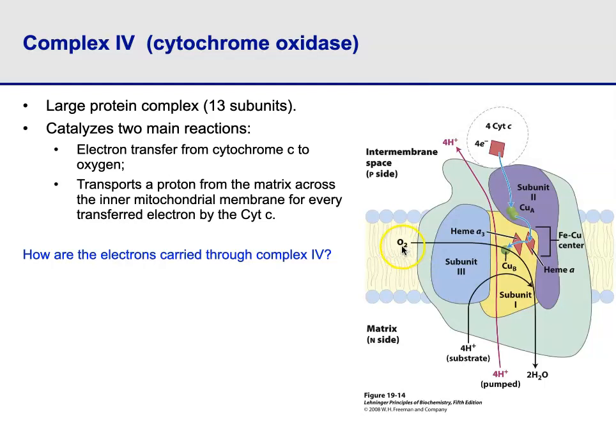This molecular oxygen will be converted to 2 molecules of water, which will require 4 electrons donated from cytochrome C, and which will transport 4 protons. In other words, this image represents what's needed to convert 1 molecule of oxygen to 2 molecules of water. But per electron pair transported, 2 protons will be transported into the intermembrane space.